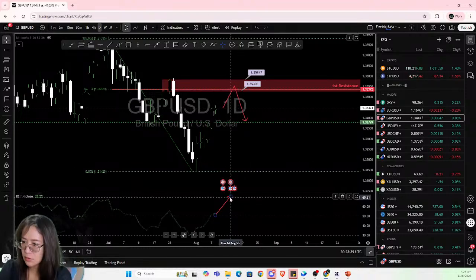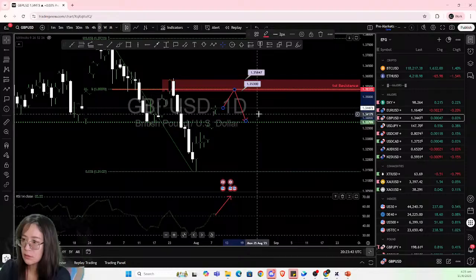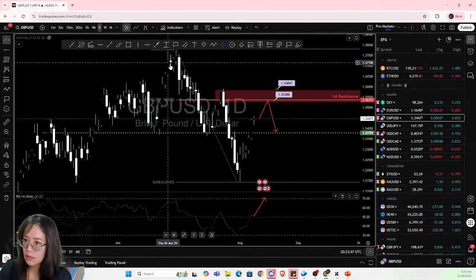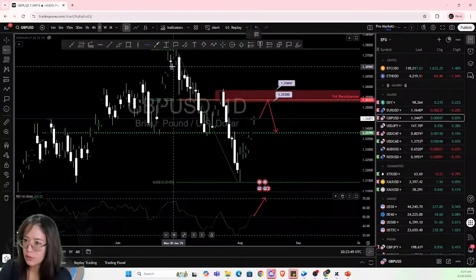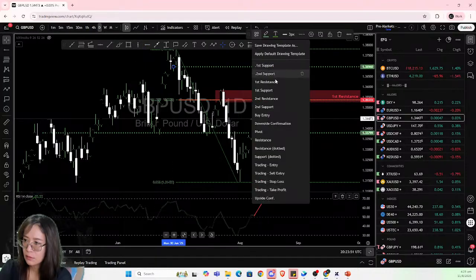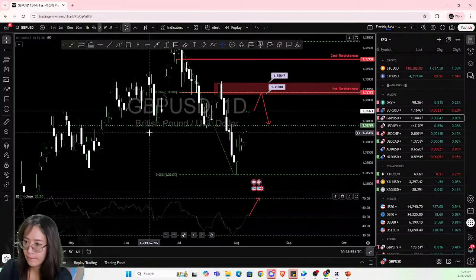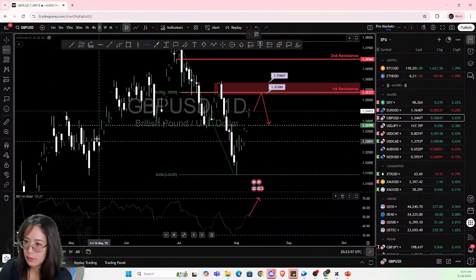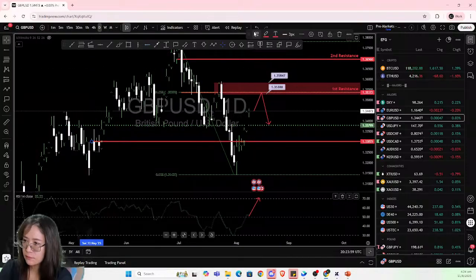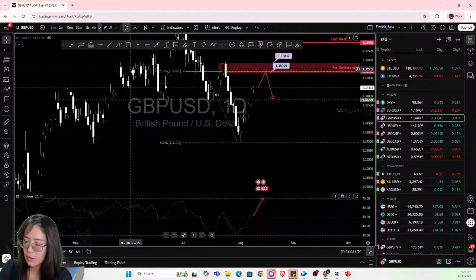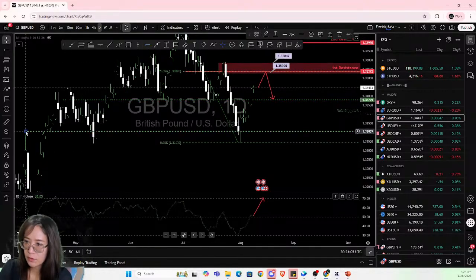So there's room here before price falls. The next resistance would be right here. I will pick this one as my first support, and then write the next support level at the weekly, which is this week.